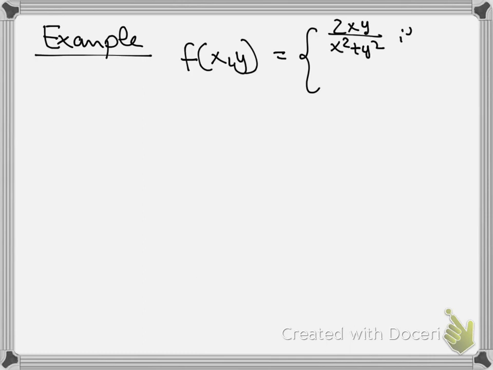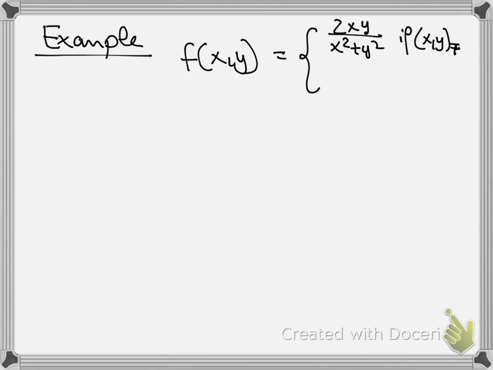Let's say f of x, y is equal to 2xy over x squared plus y squared if (x, y) is different from (0, 0), and 0 if (x, y) is equal to (0, 0).